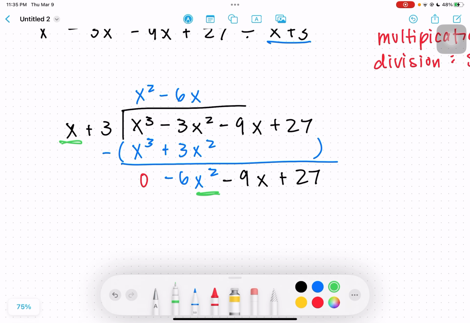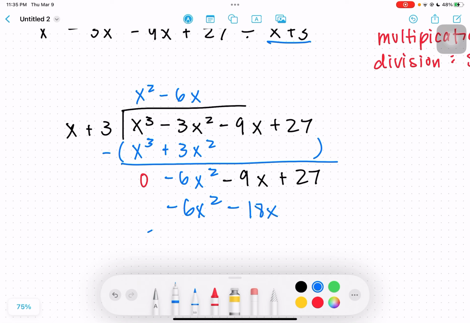So it becomes x to the 1, and you don't have to put the 1. Next, you multiply negative 6x times x. That's negative 6x squared, because since you multiplied, you add the exponents.